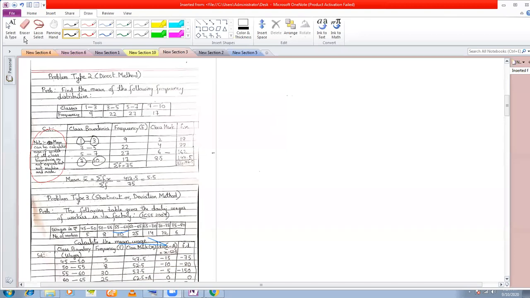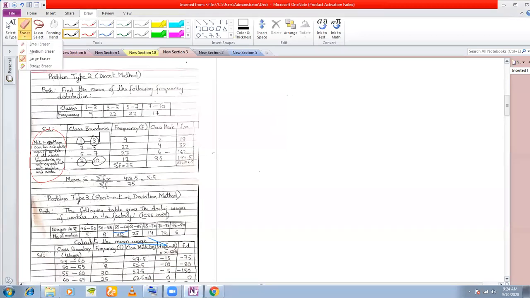I could not figure out your full question, but I'll just repeat myself here. In order to calculate class mark or mid values, you will take the lower class boundary plus the upper class boundary divided by 2. This you will do for all. So for this, you have 1 plus 3 divided by 2, which is 2.